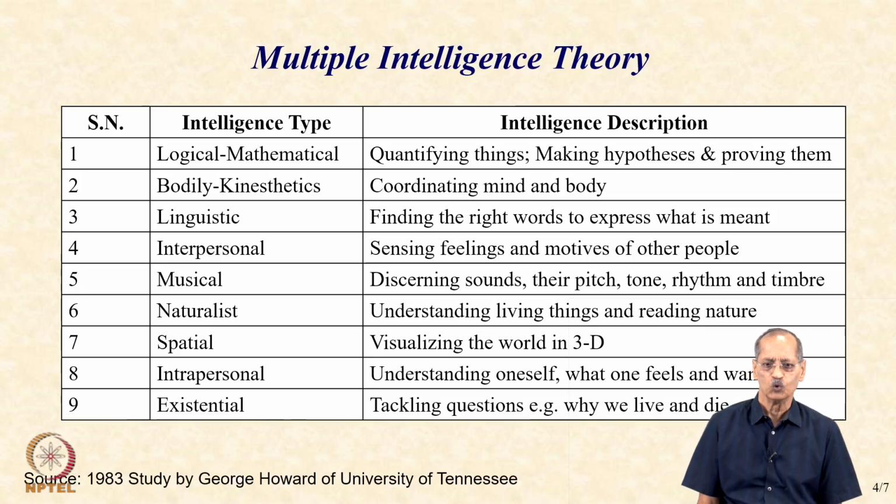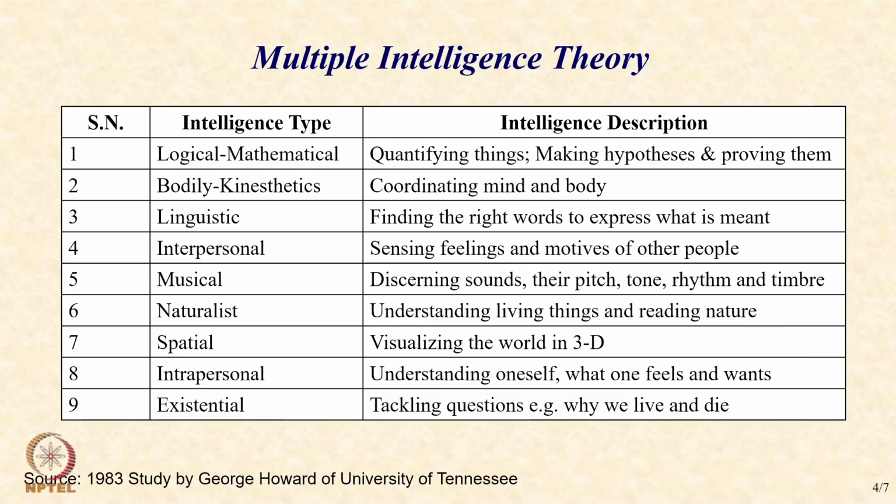There are people who are able to sense the feelings and motives of others, they have what is called interpersonal intelligence. There are people who are much better suited to differentiate sounds, their pitch, tone, rhythm, timbre. They are thought to have what is called musical intelligence.